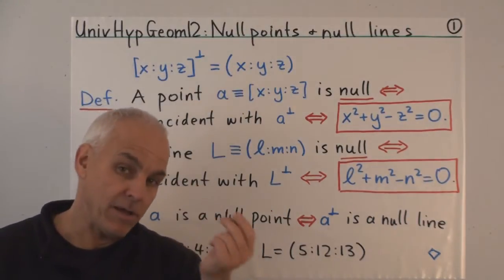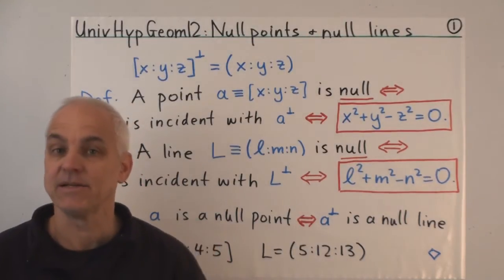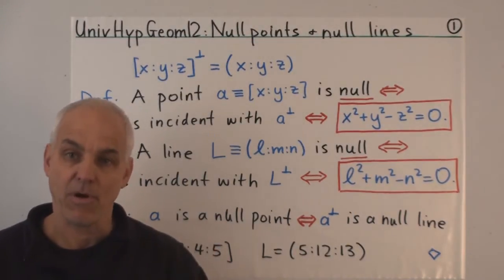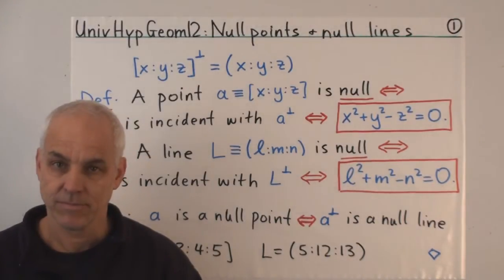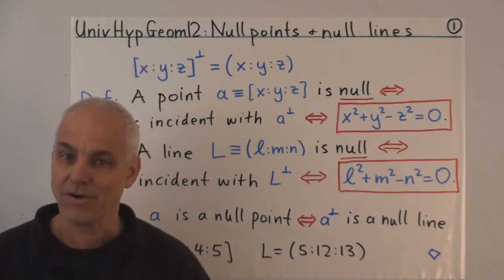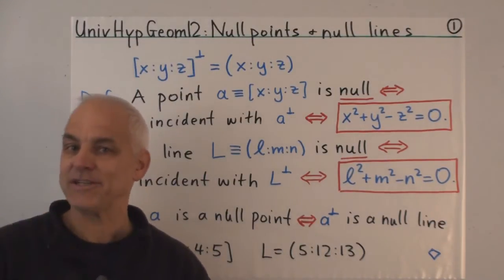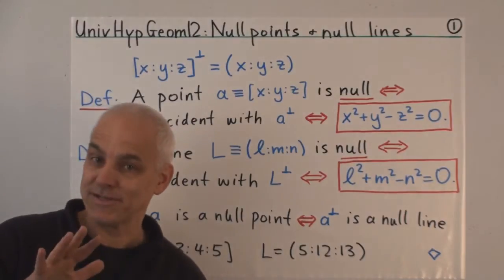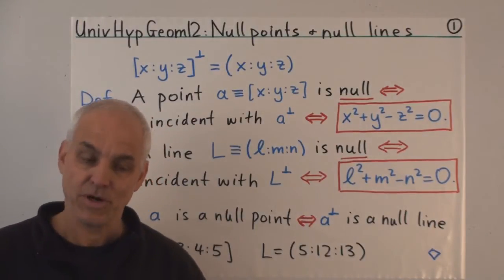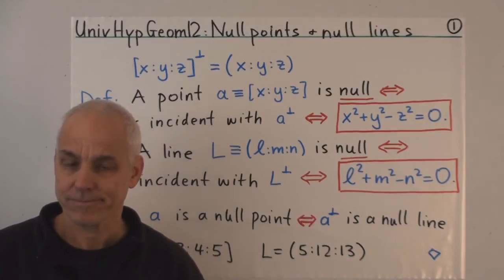And what we're calling null lines are essentially invisible or non-existent in classical hyperbolic geometry. But for us, these are the distinguished objects in our theory. They have a sort of elevated role or higher status than any other points and lines. We're going to treat them always a little bit differently, with special respect.